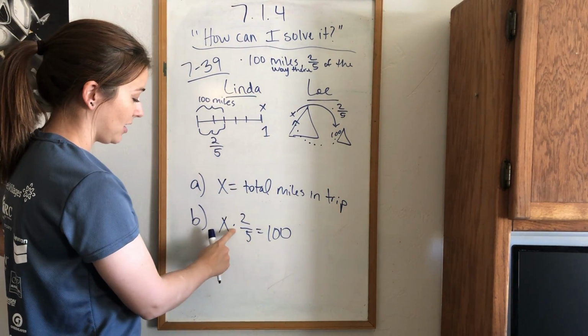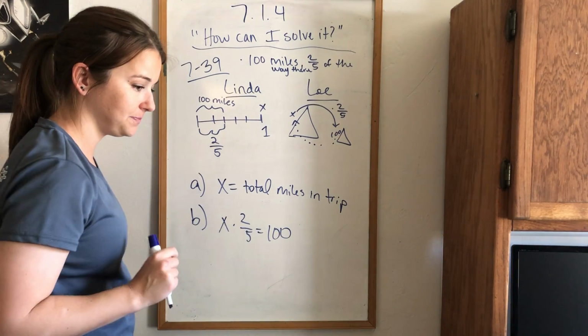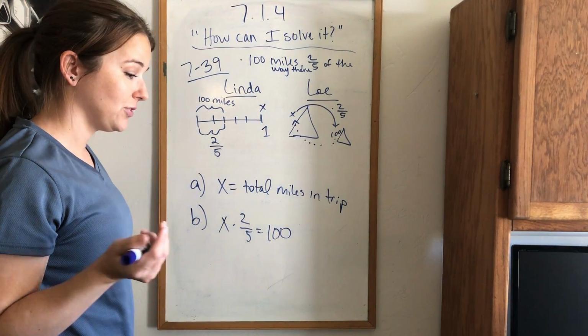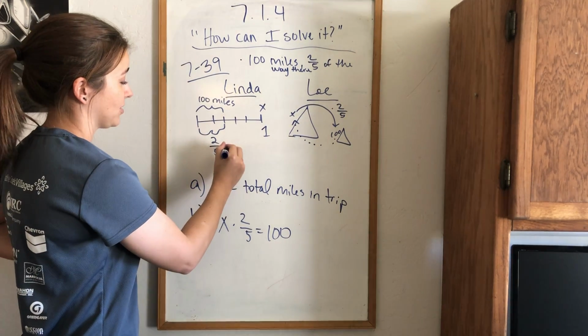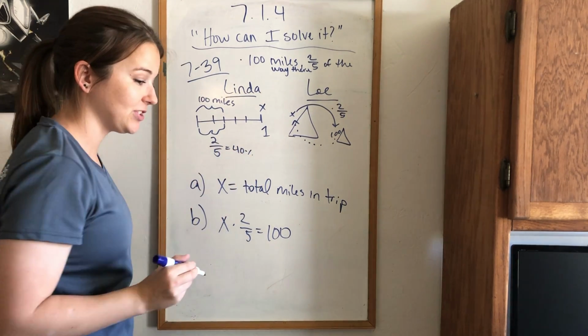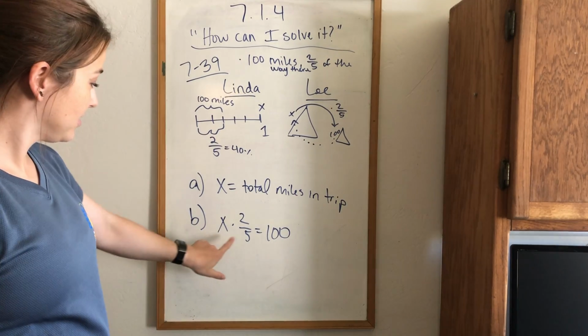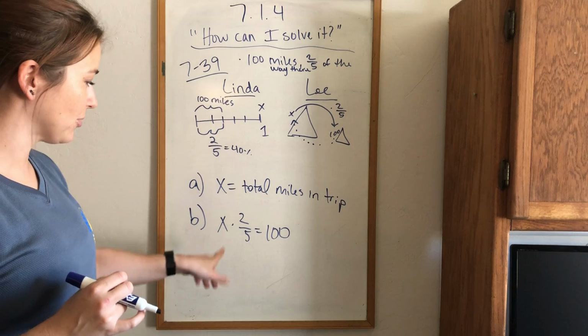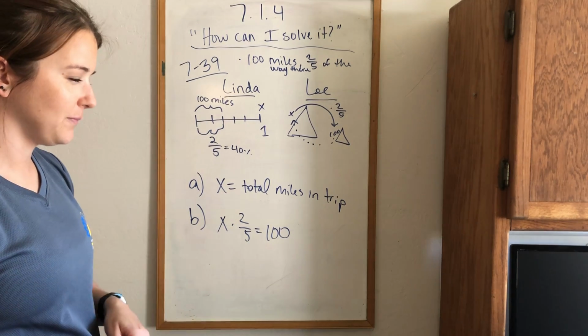So 2/5 of this number is 100. You could also say 40%, because 2/5 is also 40%. So you could say 40% of X is 100. So we're kind of going a little backwards on this one. We're not given the total, we're given a portion.